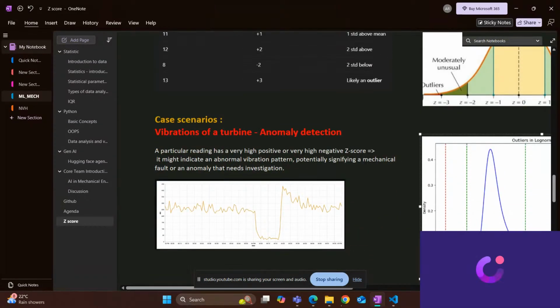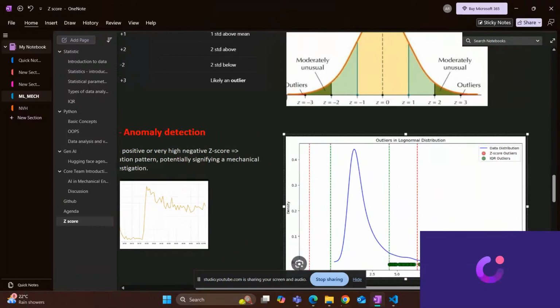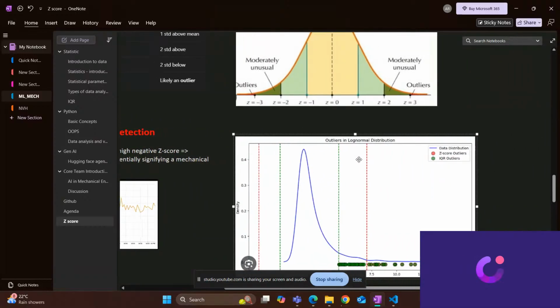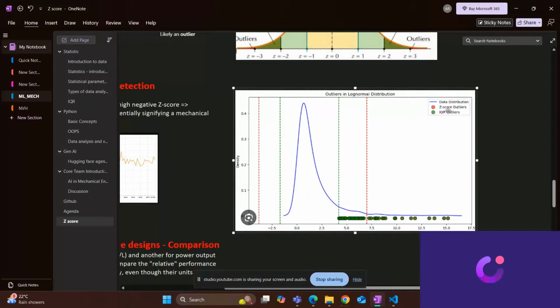I can show the graph here, using the Z score method and the IQR method, and how the outliers can be identified. In Z score, you can see it has more bandwidth and identifies the outlier only after the 7.5 value.